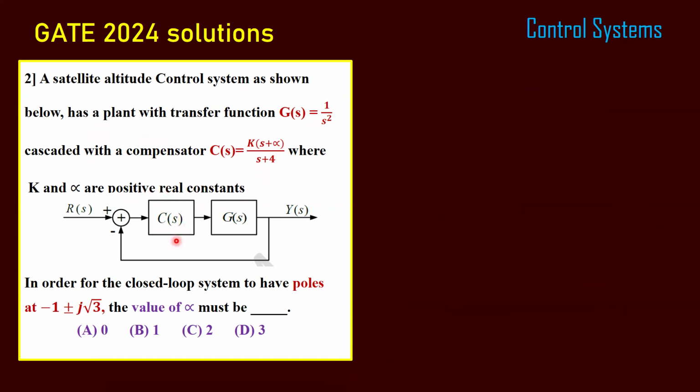In the given system, the compensator and the plant are cascaded. C(s) is the compensator transfer function and G(s) is the plant transfer function. First we should find the gain for the cascading connection, and then the closed loop system transfer function.